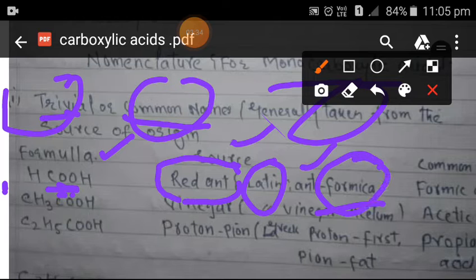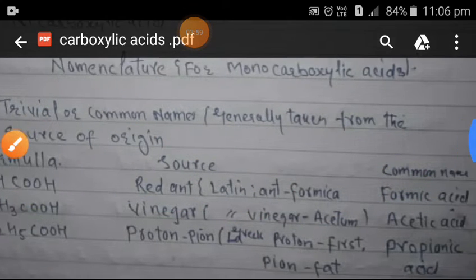So it is accordingly named formic acid. The first member is called formic acid, extracted from the red ant, because ant means formica. Clear?